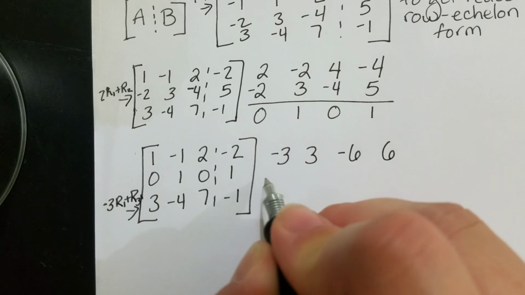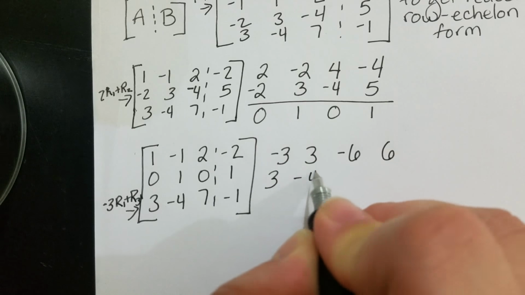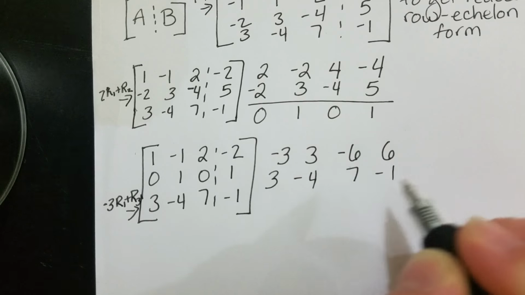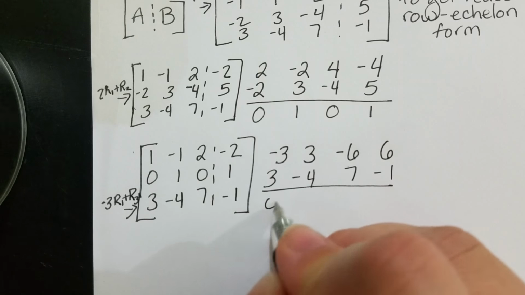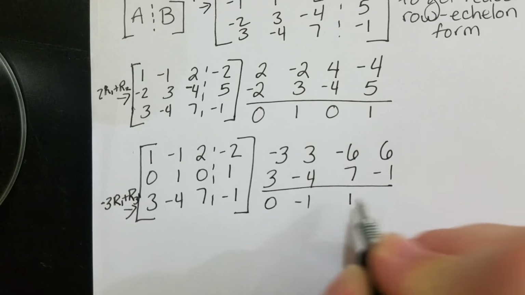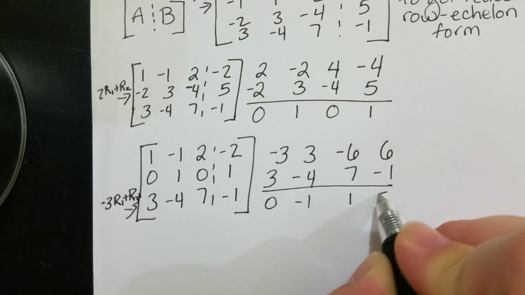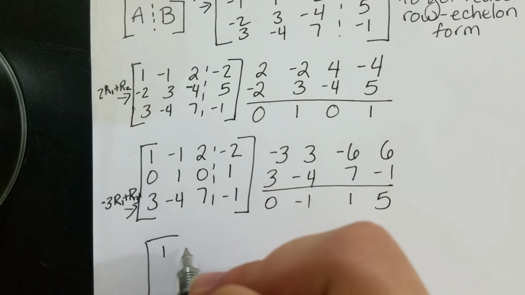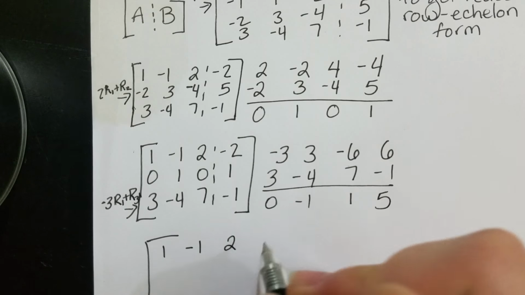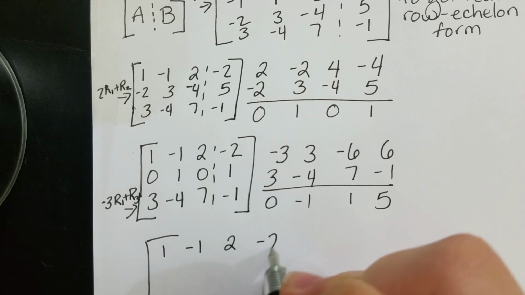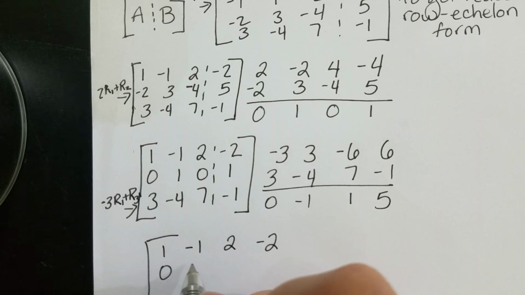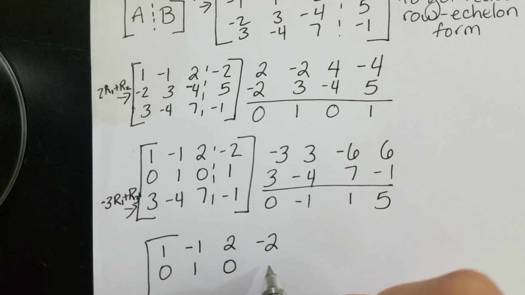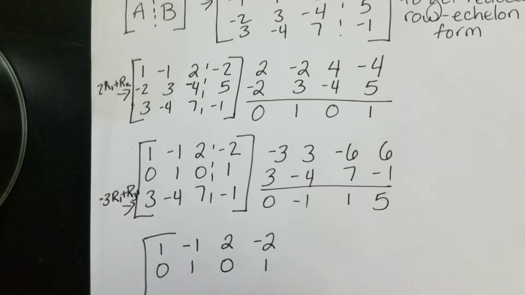And then I add it to this one: 0, negative 1, positive 1. This is going to be what, 5? All right, rewrite it. This is my new row 3.